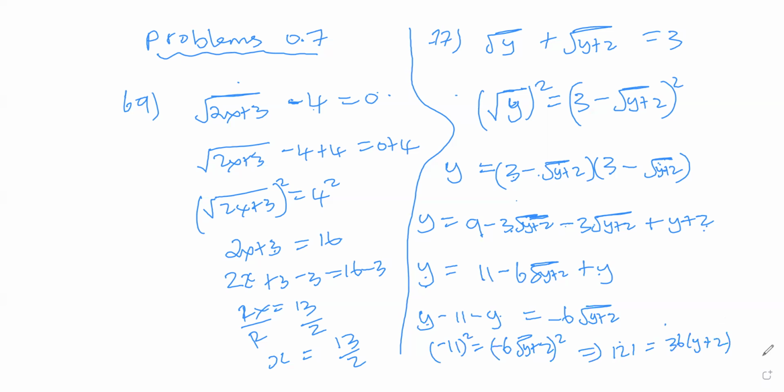And we can then solve that linear equation. 121 equals 36 times y plus 2 is a linear equation which is easy to solve for y. All our radicals are now gone. So I can divide both sides first by 36.